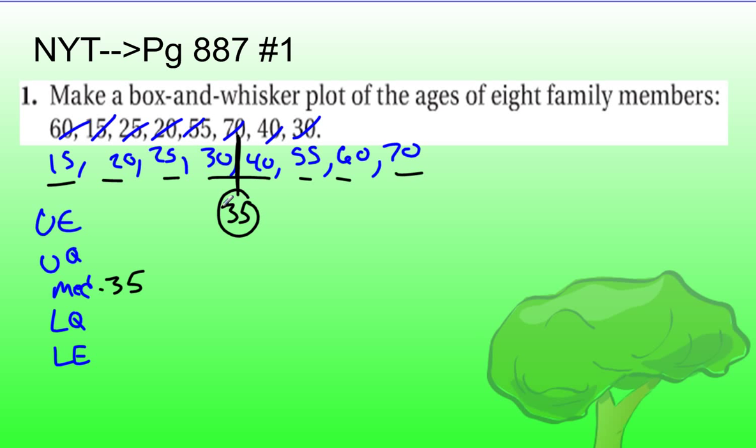Now, the upper quartile. Well, I've got 4 numbers, so big, small, big. I've got 2 in the middle again. So I've got to find out what's halfway between 55 and 60. 60 plus 55 is 115. 115 divided by 2 is going to be 57.5.